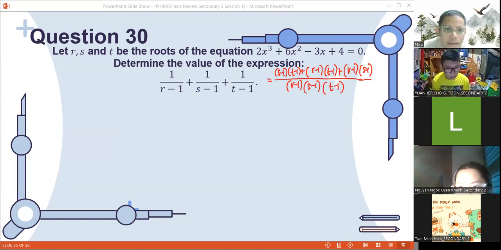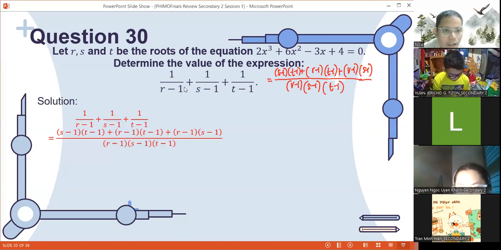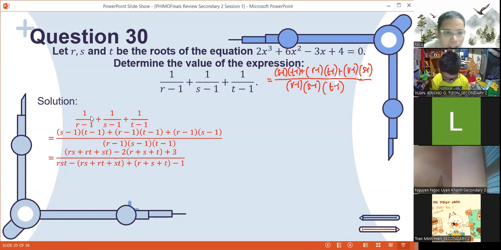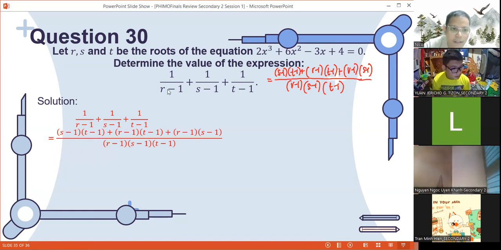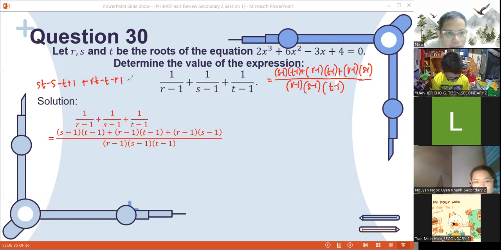Okay, and then let's see if there's a solution here. We add them, right? After adding them, we simplify S minus 1 times T minus 1, that is ST minus S minus T plus 1. Then the next one is plus RT minus T minus R plus 1.